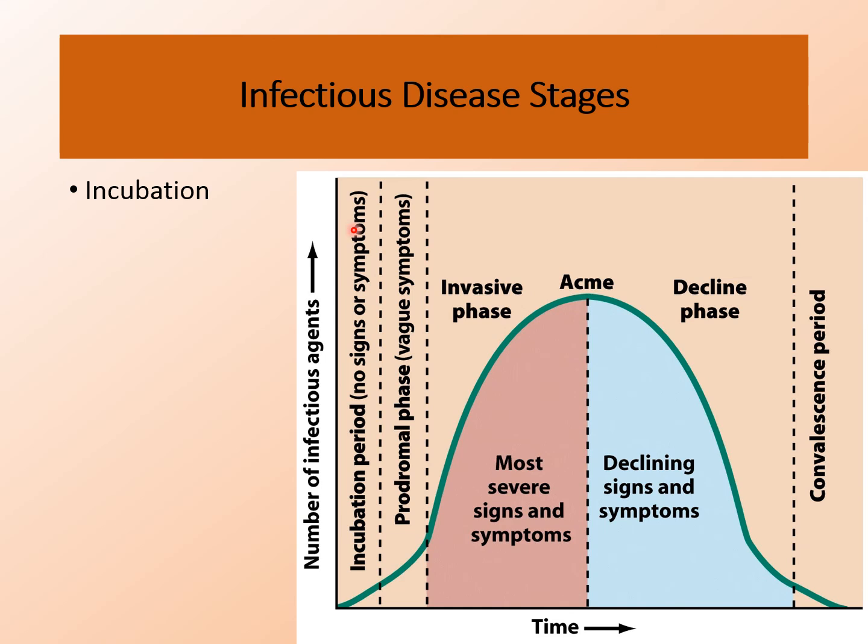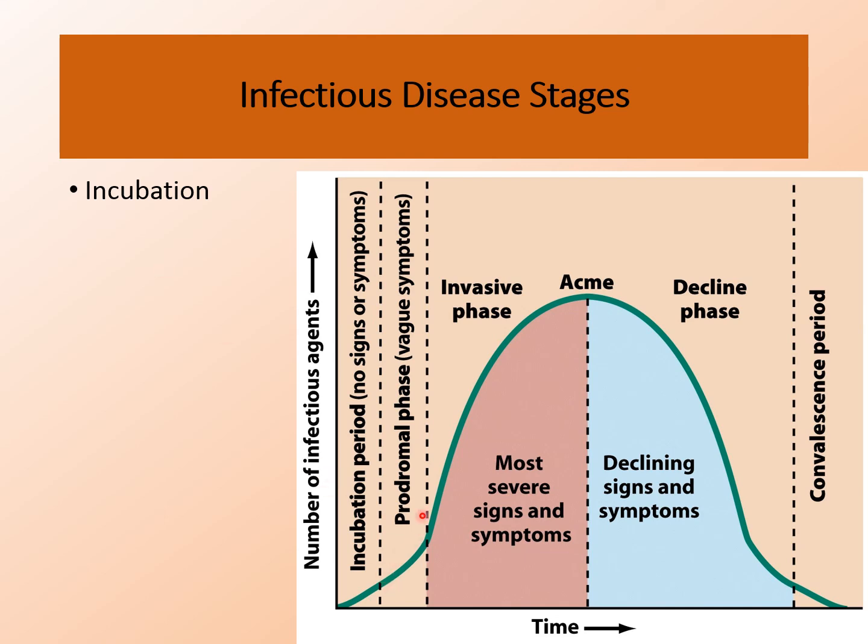It is the interval between the initial exposure and the appearance of the first symptoms or signs. In some diseases, the incubation period is always the same. In others, it is quite variable. The time of incubation depends upon the specific microbe, the number of infecting microbes, and the resistance of the host.